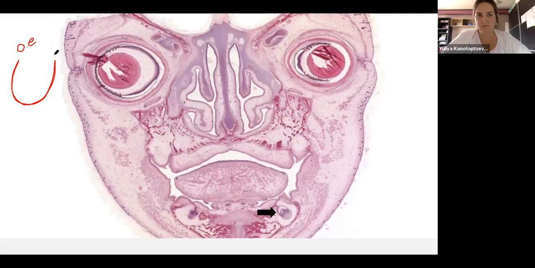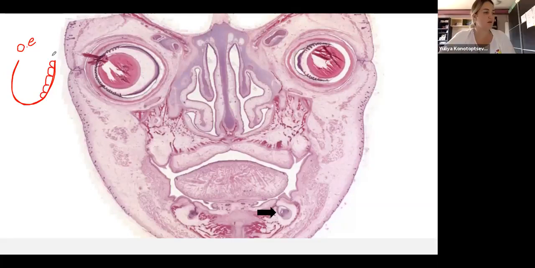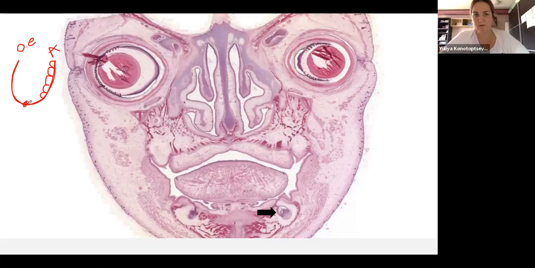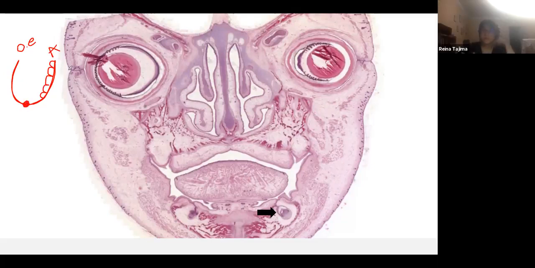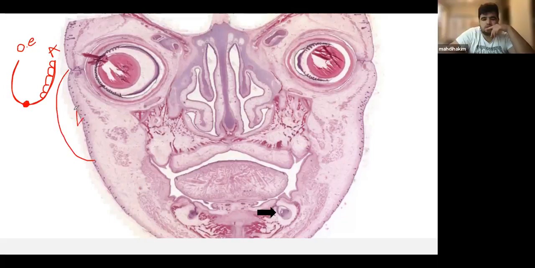This is inner enamel epithelium, which will become ameloblast. Put A. What is this? Cervical loop. Very good. Here we have something like that, which is DP, the dental papilla.